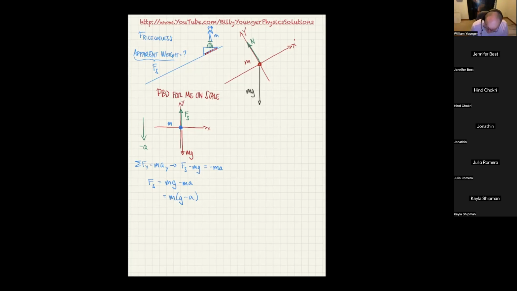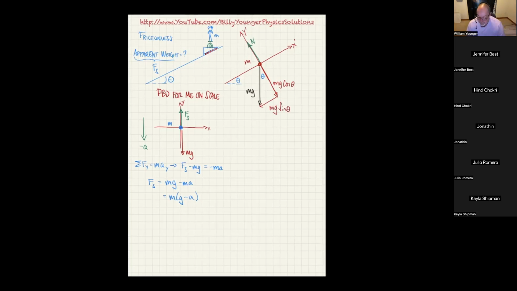And of course, if this angle's theta, then this angle's theta. And as we showed before, so too is this angle theta. So in this case, what I'm going to get is this force right here is mg cosine theta.